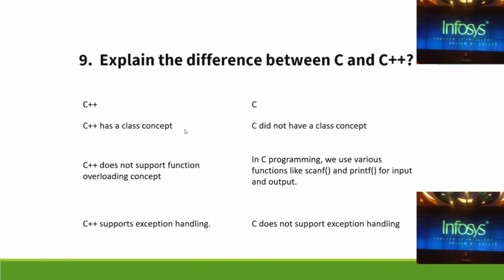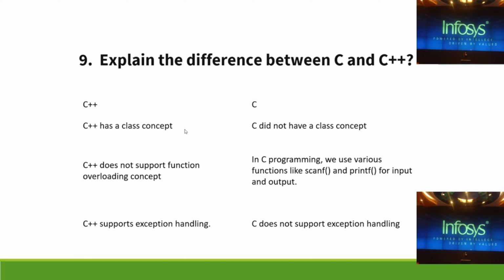And the ninth question: explain the difference between C and C++. What are the differences between C and C++? C++ has a class concept. C does not have a class concept. And the second point, C++ supports the function overloading concept. In C programming, we use various functions like printf for input and output.